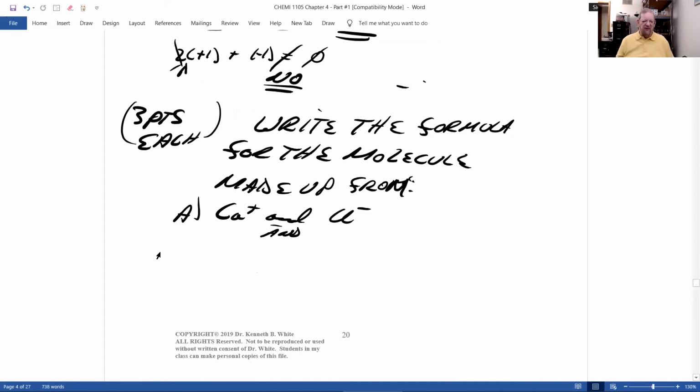So the question is 3 points each. Write the formula for the molecule made up from calcium +2, I got to do that right, and chloride -1. Well, how do you do that? All calcium is a +2, calcium cations. All chloride are -1. This has to add up to 0. Does it? No. Well, you can't change the charge. This you can't change.